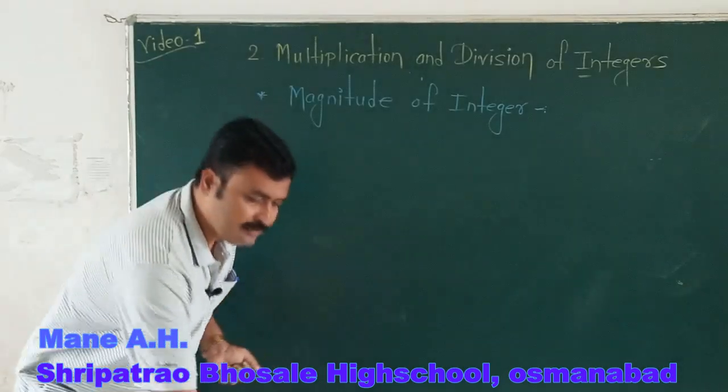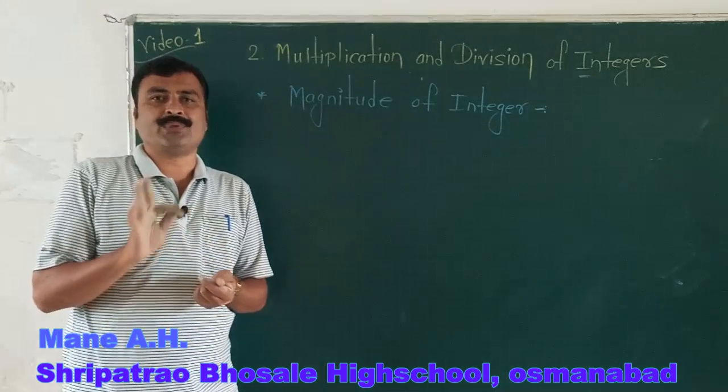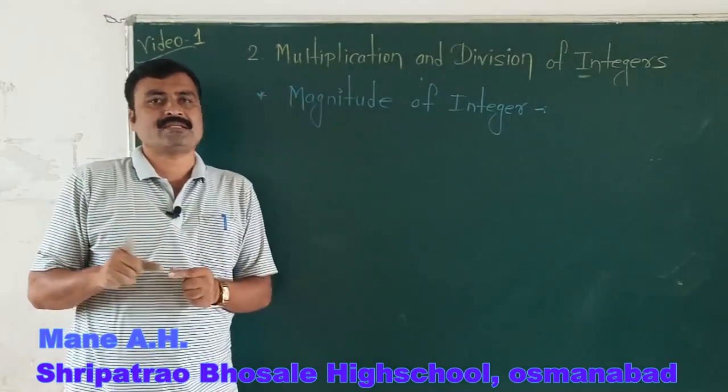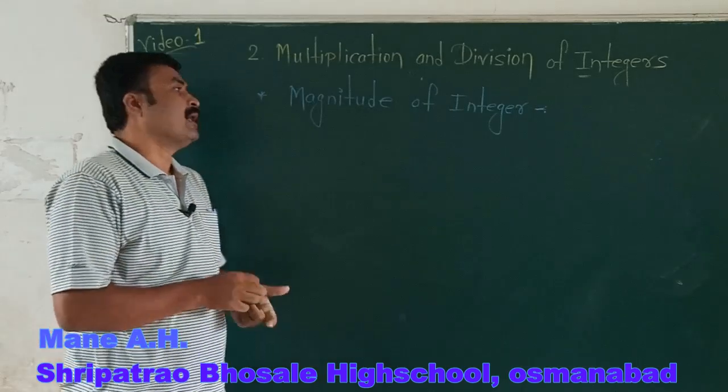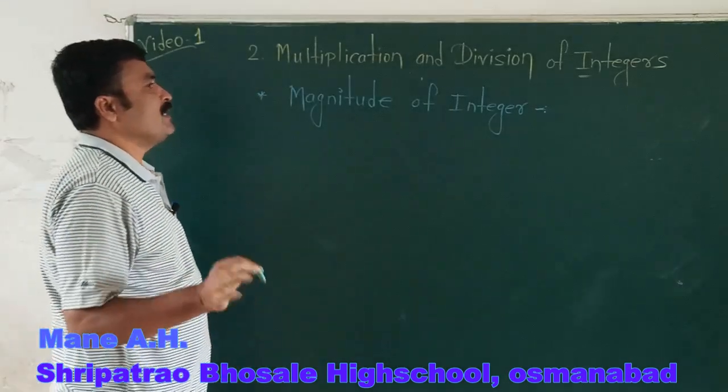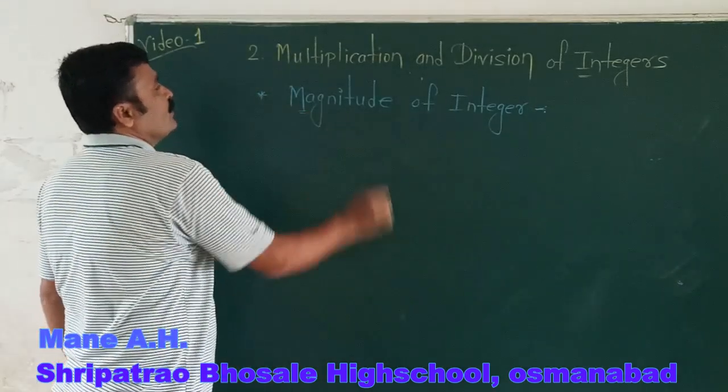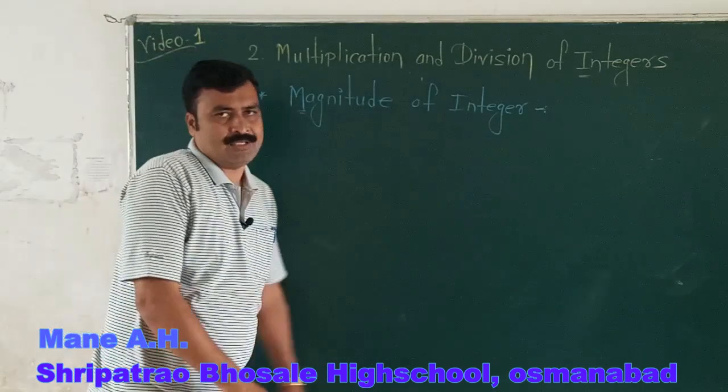Now we learn that integers are of 3 types: positive integers, negative integers and neutral numbers. Now about these 3 types of integer we have to know the magnitude of that integer.